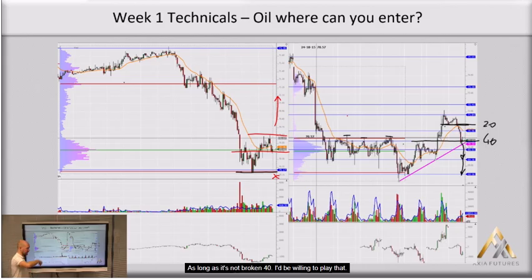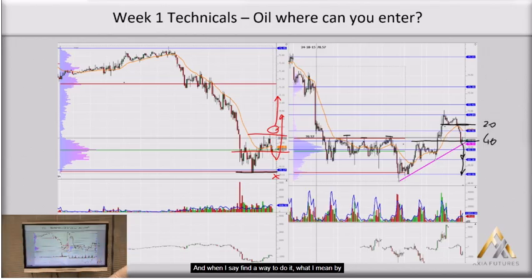As long as it's not broken 40, I'd be willing to play that. Even if it has actually, if it's done that, I still think that's a reasonable shot. So you've kind of planned out what you want to do. It's then just a case of when it gets to either of those points, you do it. What I don't want to do is get there and go, ooh, maybe it's a sell, maybe it's a buy. It's a buy, and find a way to do it.